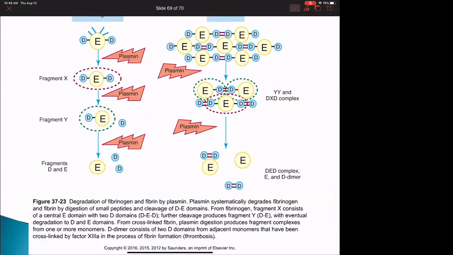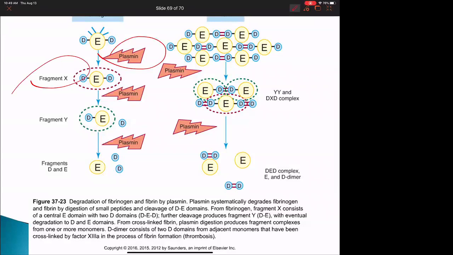D-dimers consist of 2 D domains that are held together by a covalent bond, okay? This picture right here shows you the degradation of fibrinogen and fibrin by plasmin, okay? Plasmin comes in and systematically degrades fibrinogen and fibrin by digestion of small peptides and cleaving the D and E domains. From fibrinogen, you'll get fragment X, which consists of the central E domain with the 2 D domains right over here.